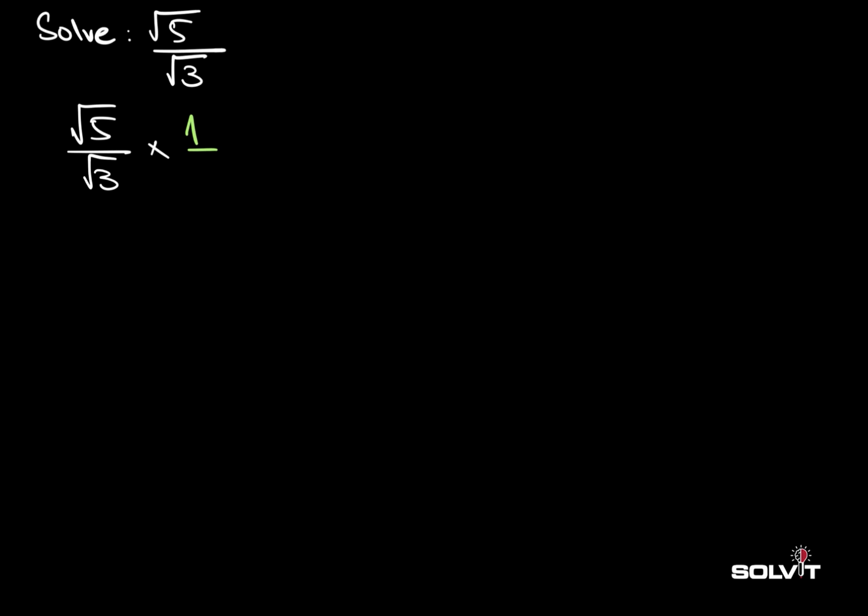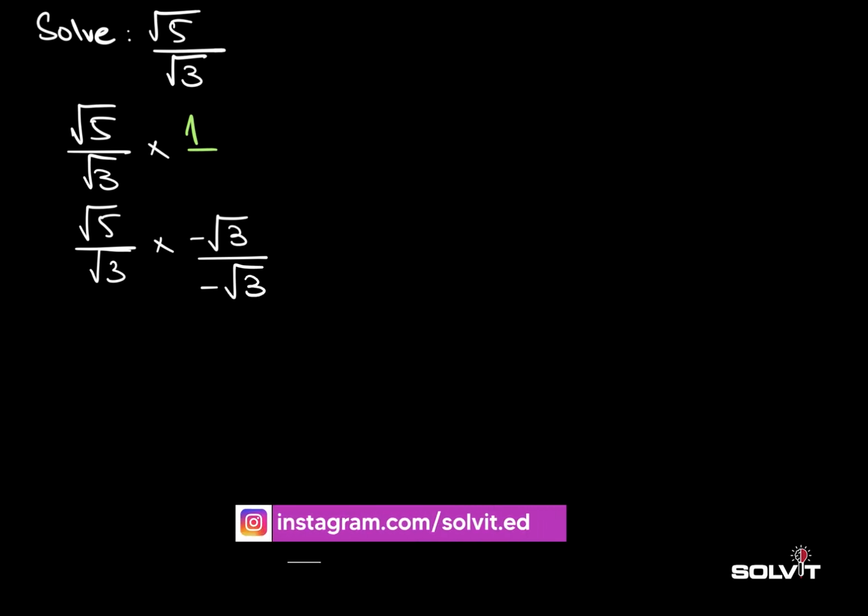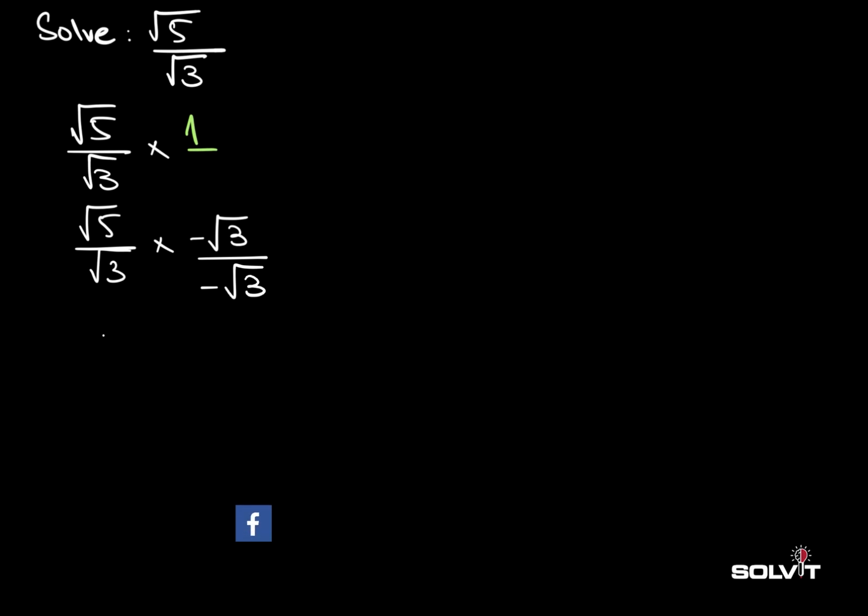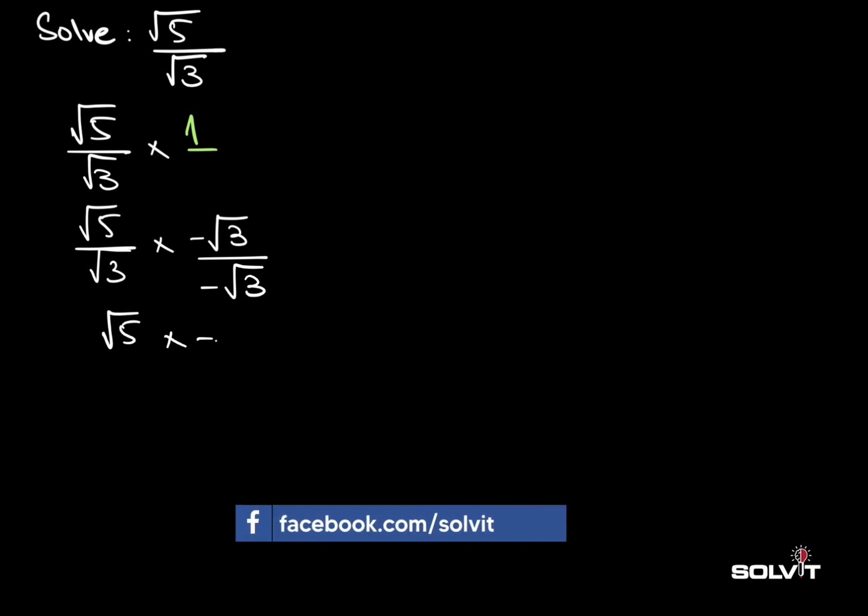That means I can also multiply it by the negative sign of the denominator of the original fraction, और इसके fraction से multiply कर दो. मतलब √3 के फ्रैक्शन से मल्टीप्लाई कर दो. √3 over √3 से मल्टीप्लाई करो, but just make sure that you don't forget to put a negative sign. So now √5 multiply by negative √3 over negative √3.